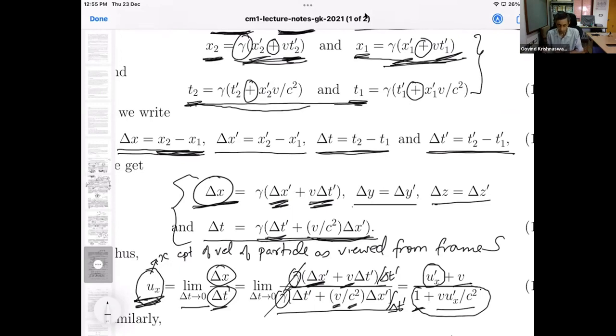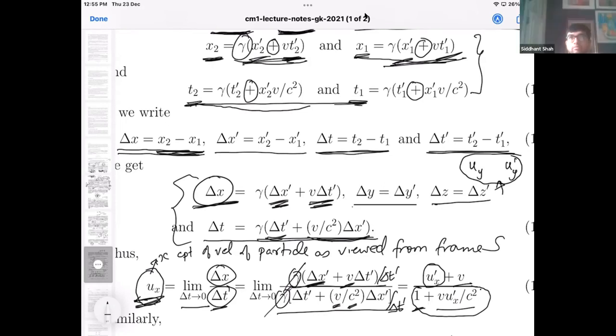Okay. Now, please tell me what you expect of uy and uy prime. Yeah, y prime and y are the same. But what about the y components of velocities of the particle as observed from the two frames? Would they be the same or not? No, sir, because the denominator will have those correction terms. Correct. And okay, that is true. But for what reason are those correction terms coming in? Because of delta t, t prime.